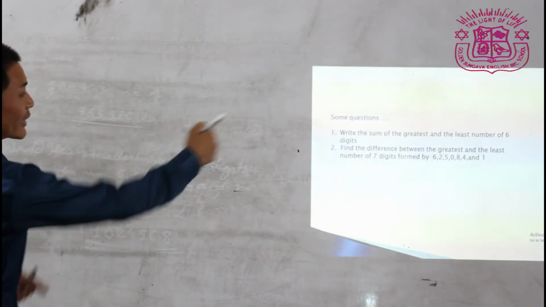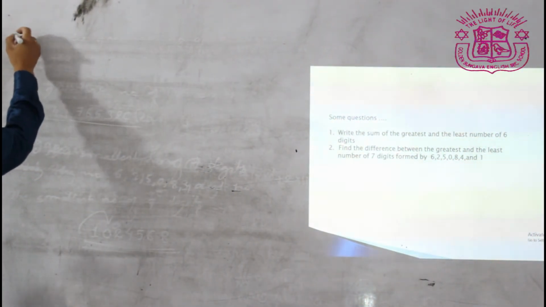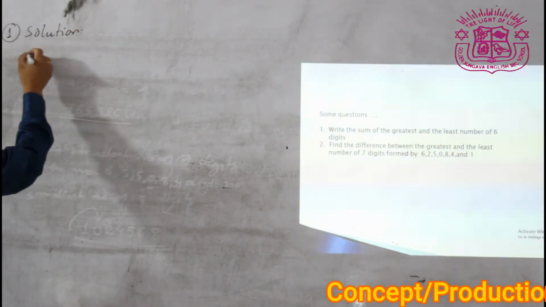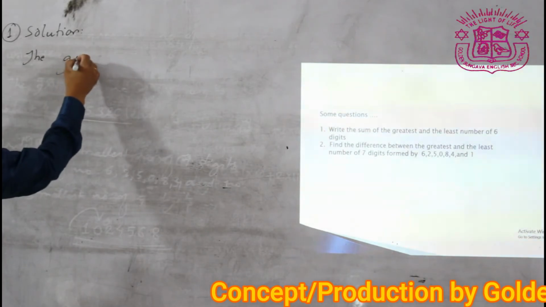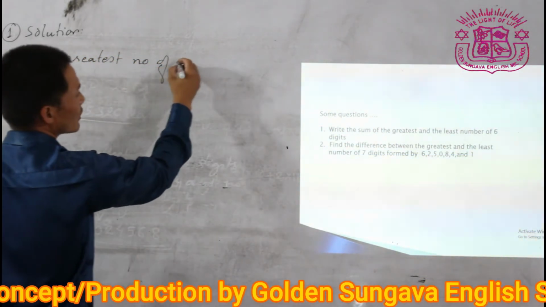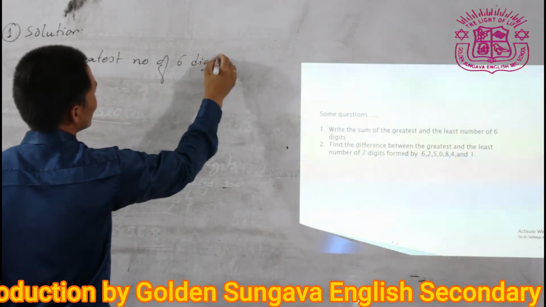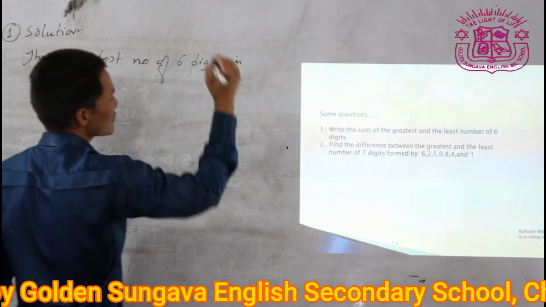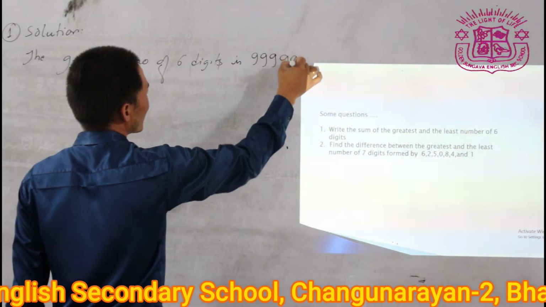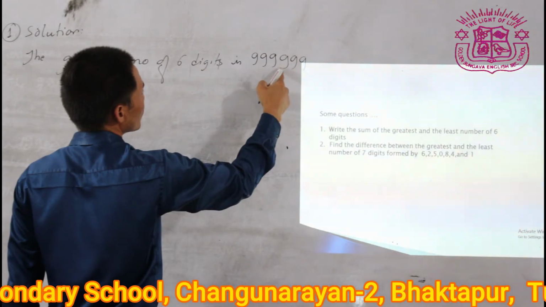Write the sum of the greatest and the smallest number. Okay. Question 1, solution, right? The greatest number of 6 digits is 9, 9, 9, 9, 9, 9. 1, 2, 3, 4, 5, 6.